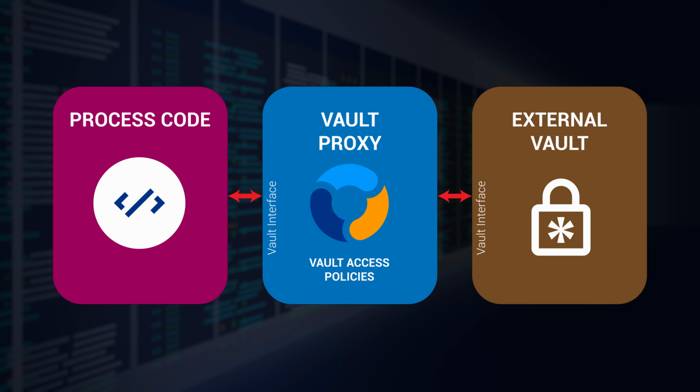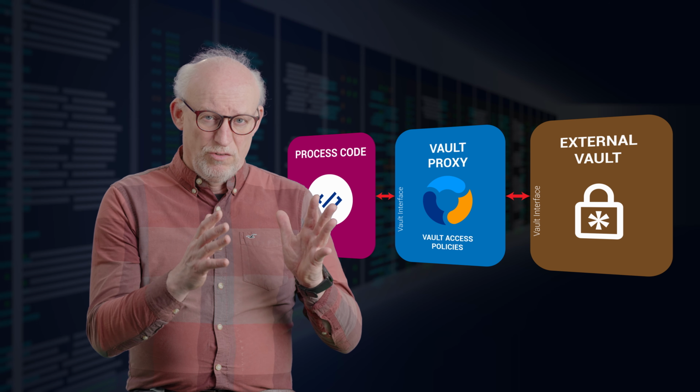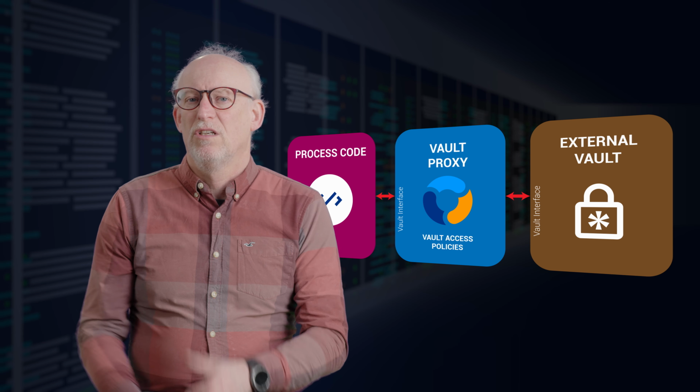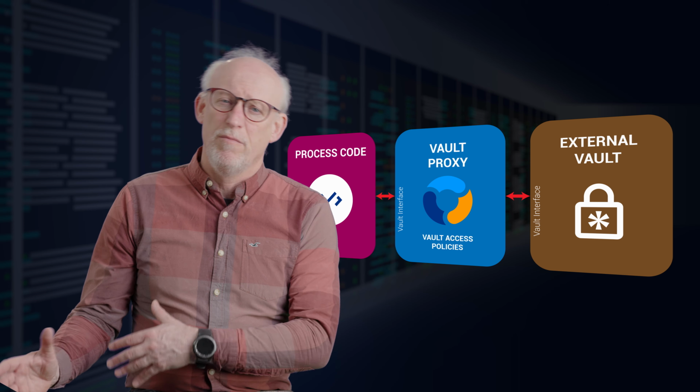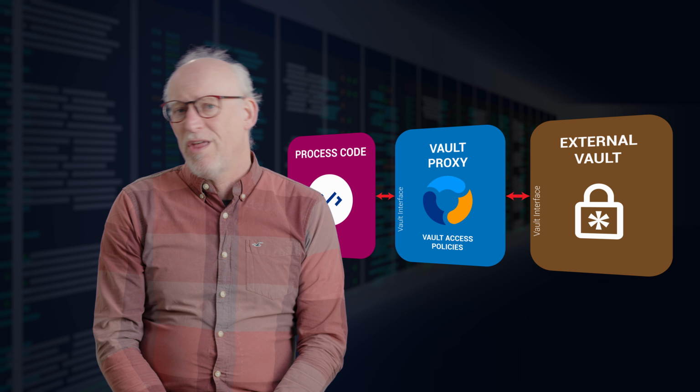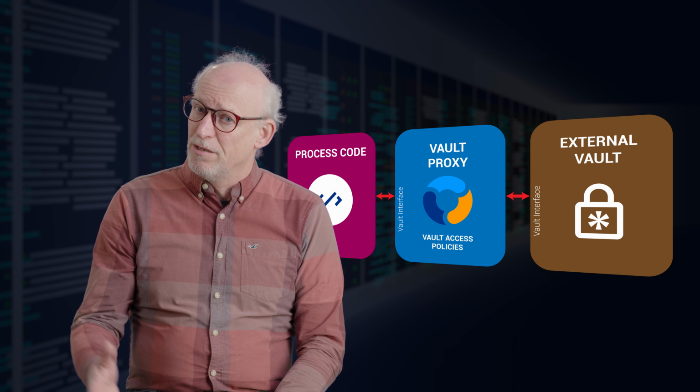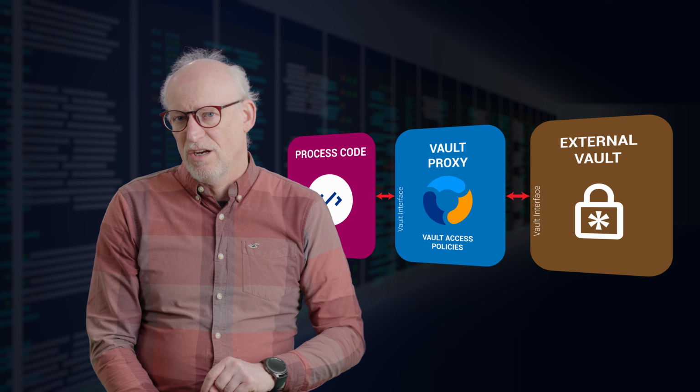In the background, the PPA appliance is arbitrating between those requests and the real vaults. That's what makes it easy for programmers to work in a UAT environment and then move it into a production environment without all the hassle of changing the code, because you're just telling the PPA, look, this task is now using these vaults over here.